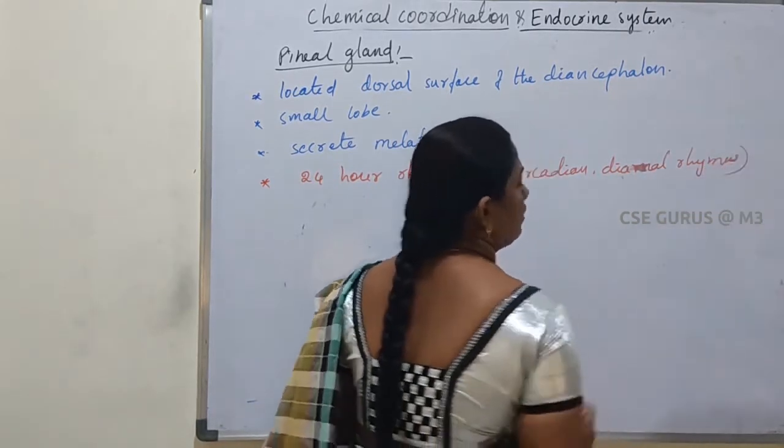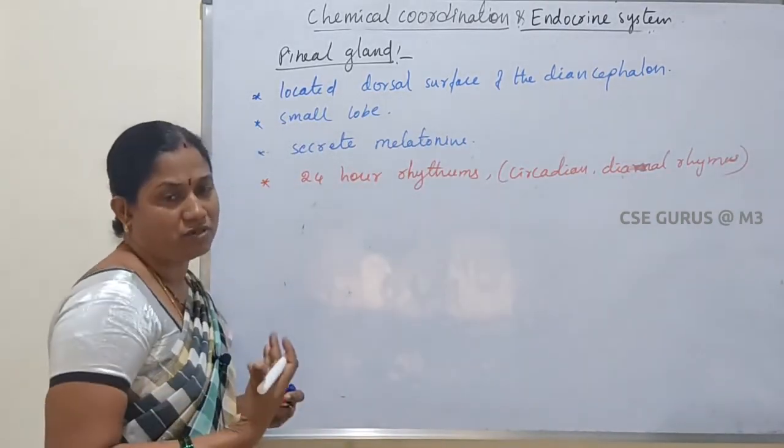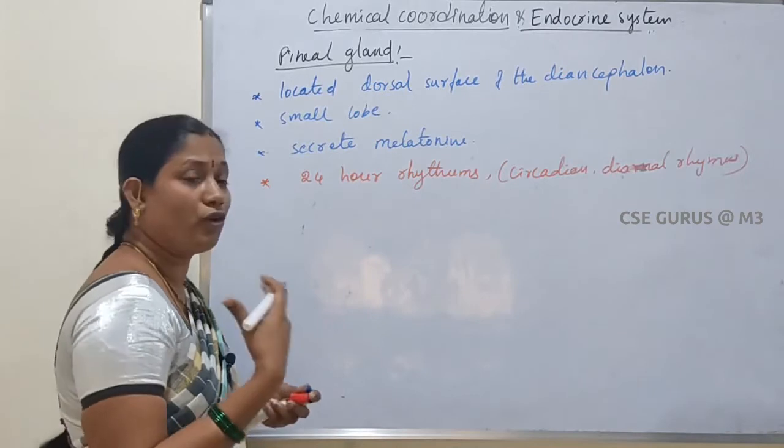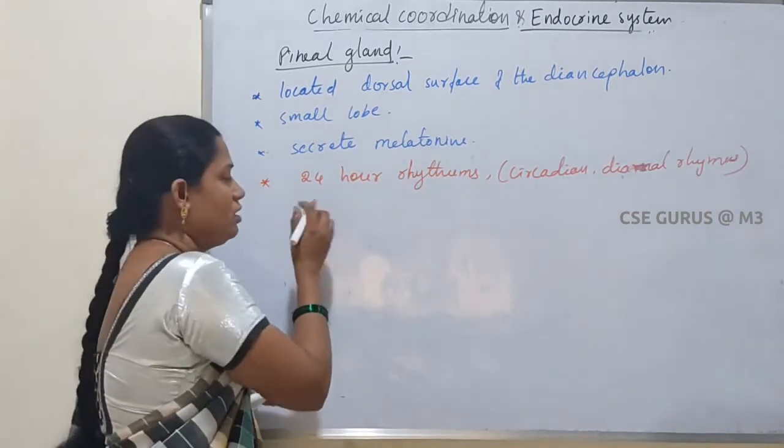For example, sleep-wake cycles. These regular rhythmic processes are regulated by the melatonin hormone.